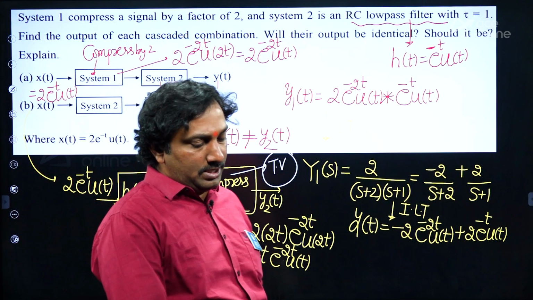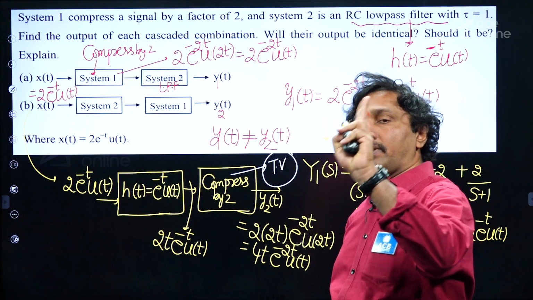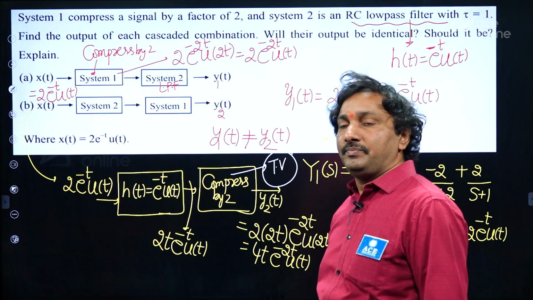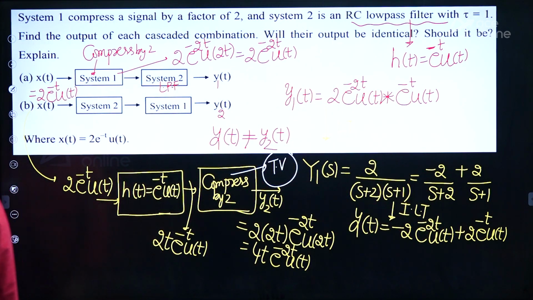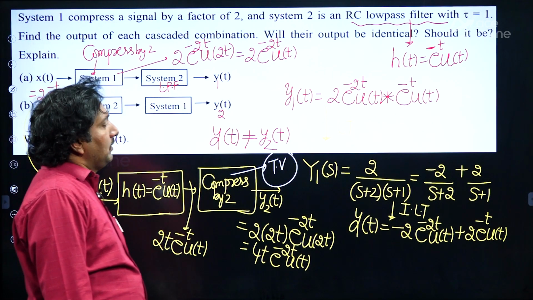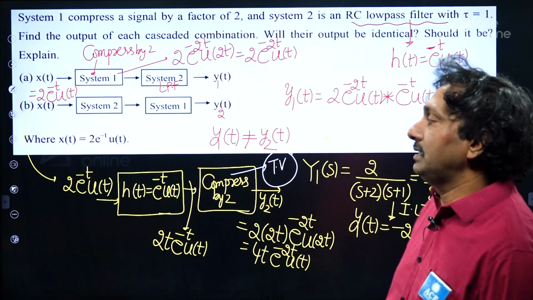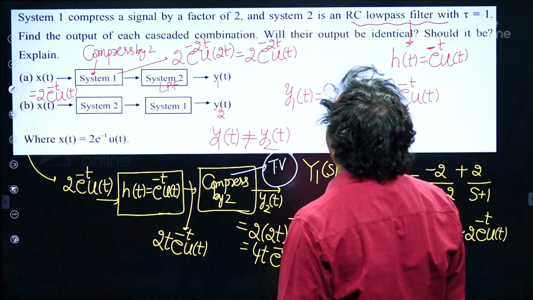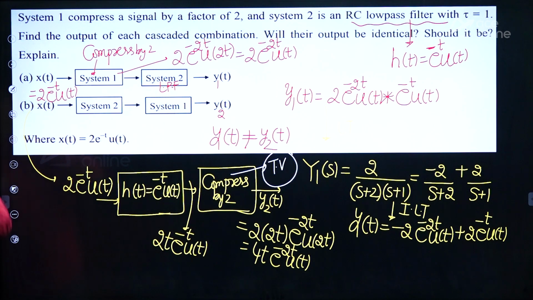Only if the considered systems are LTI, even if we interchange the blocks, the final outputs are identical. Only for LTI systems, not for every combination. Why in this particular case are the answers not the same? Because one of the systems is variant. Which system? Compressed by 2.